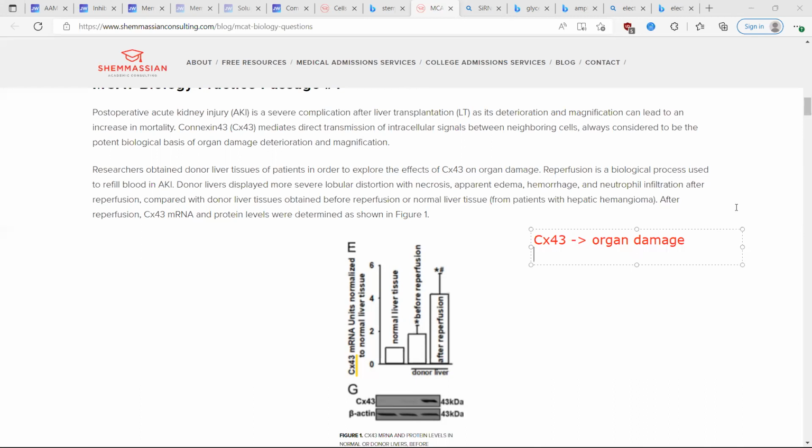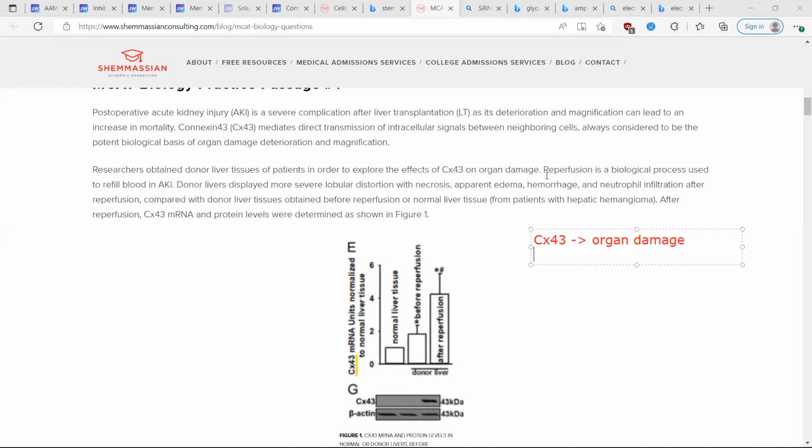It's now our job to figure out what the relationship is from the graph. Actually, the rest of this is not super important. Reperfusion is a biological process used to restore blood flow. Donor livers displayed more severe lobar distension compared with donor livers obtained before. After reperfusion, CX43 mRNA and protein levels were determined as shown below.